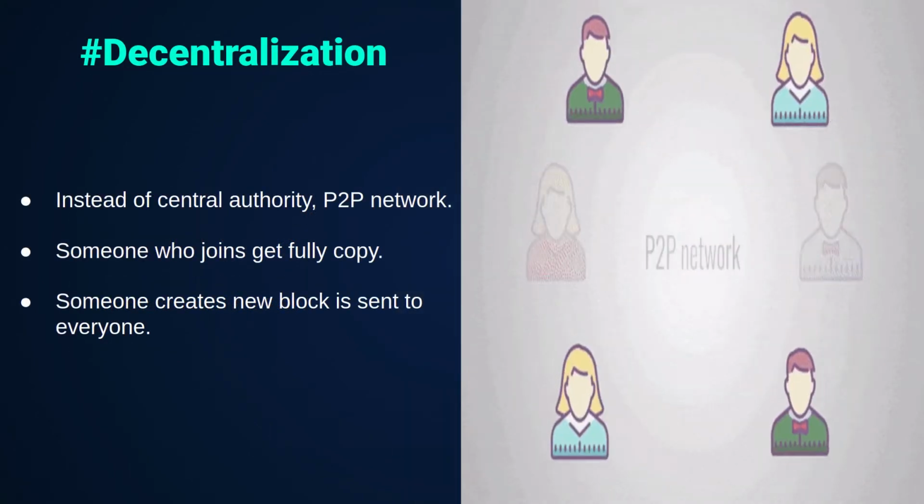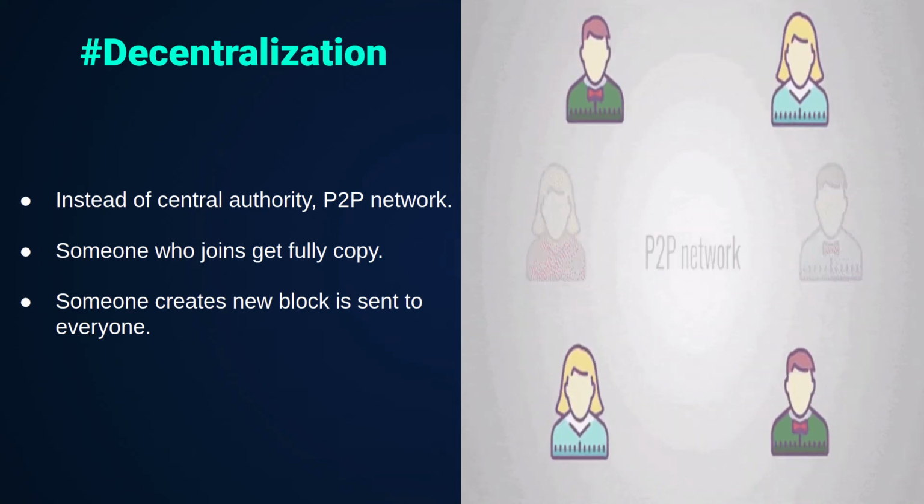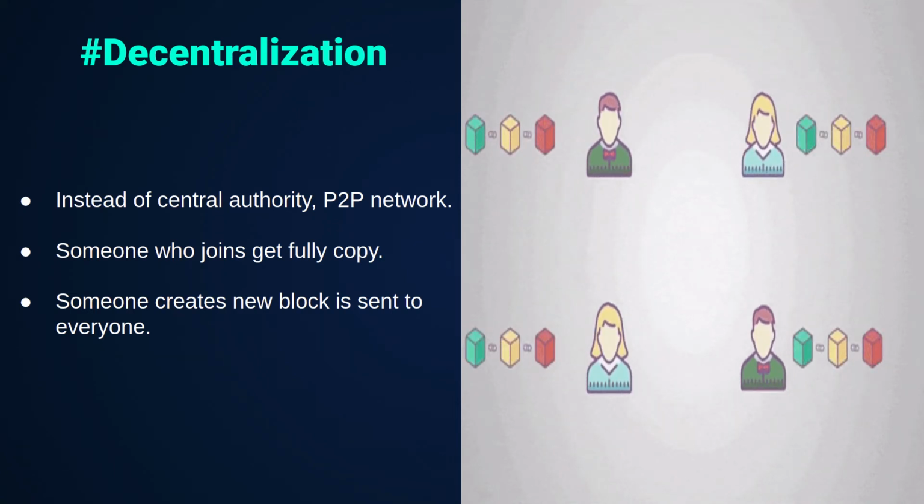Along with proof of work and hash values, blockchains use something known as decentralization, which helps make them more secure. Instead of a central authority to manage the blockchain, blockchains use a peer-to-peer network. If someone tries to join the network, that person gets the full copy of the blockchain.